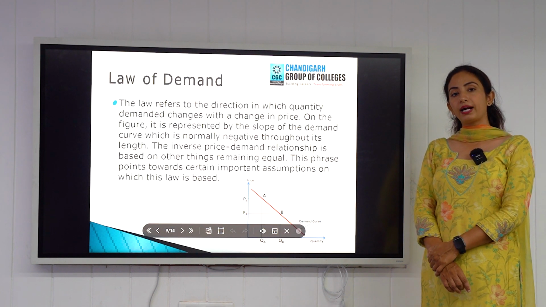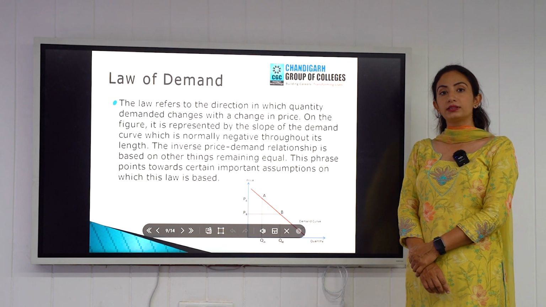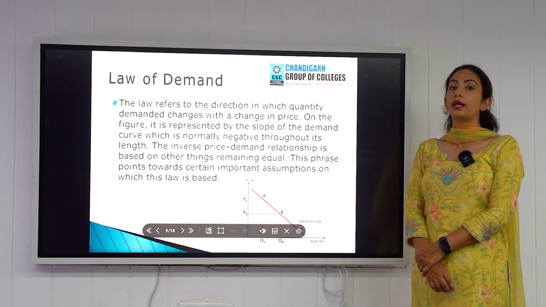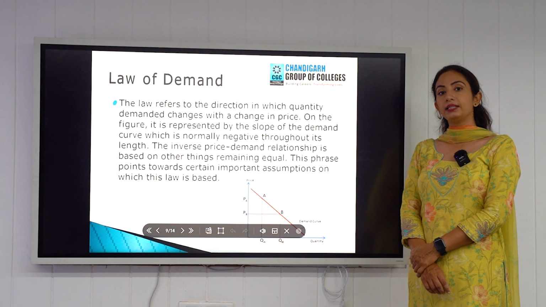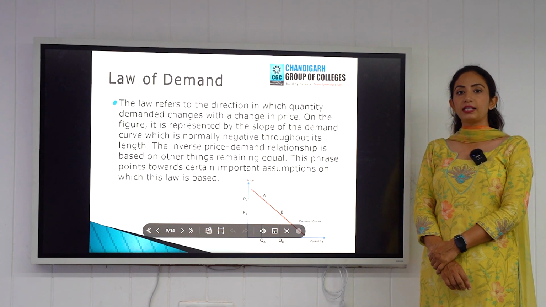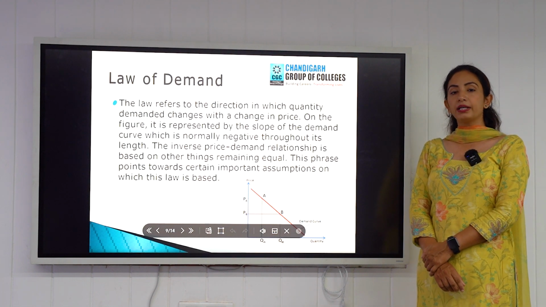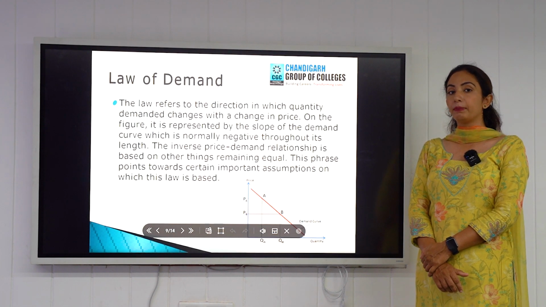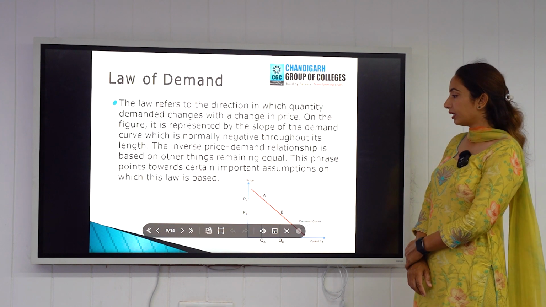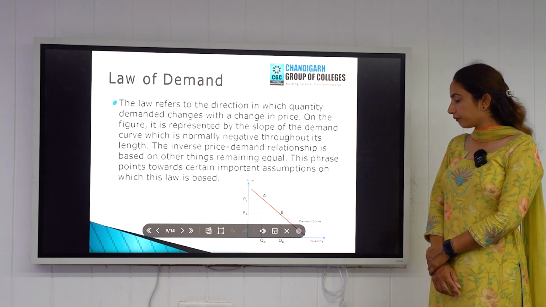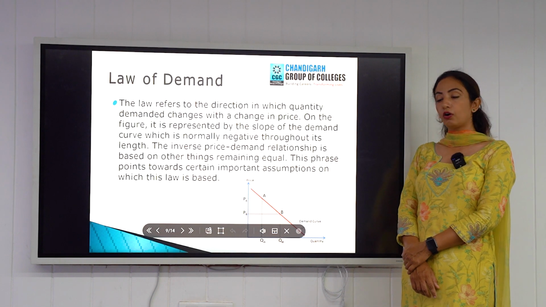Earlier we discussed that there is an inverse relationship between the two factors, price and quantity. In case prices are going up, quantity will fall. In case prices are coming down, quantity demanded will go up. So here is the graph with the help of which we'll understand the law of demand.